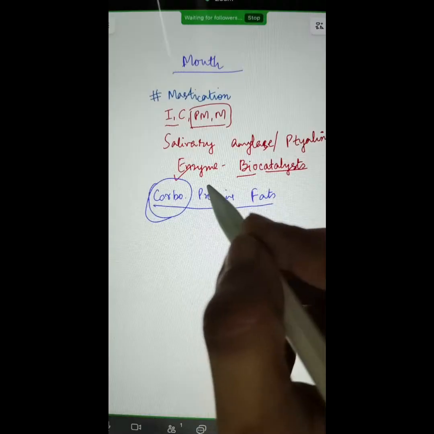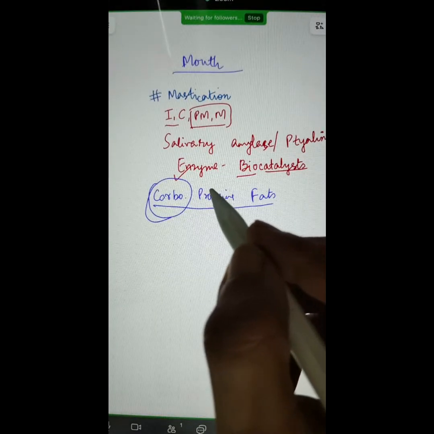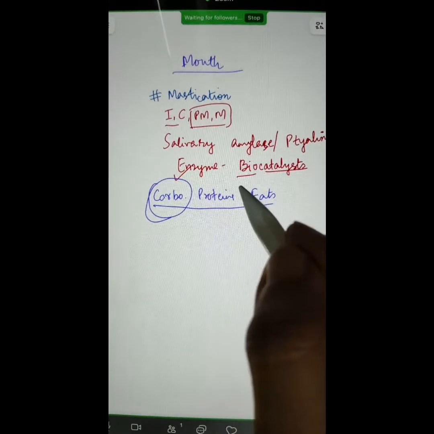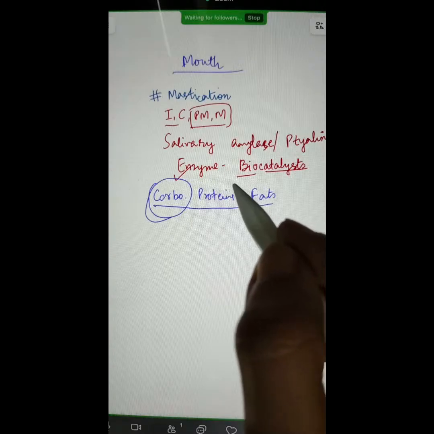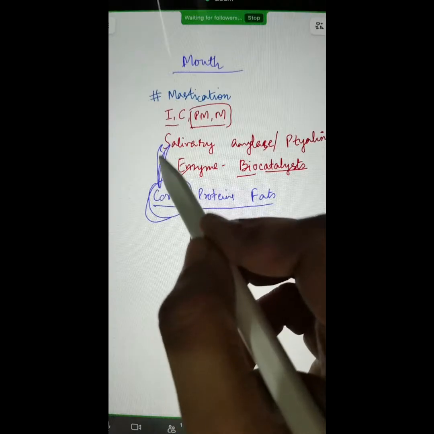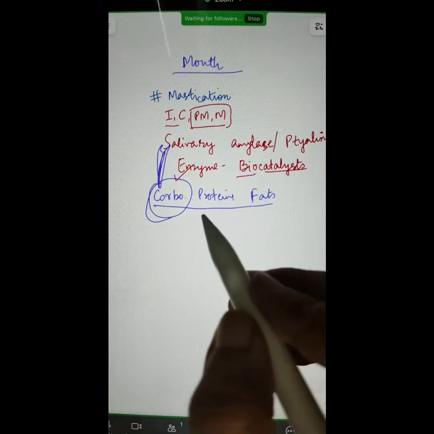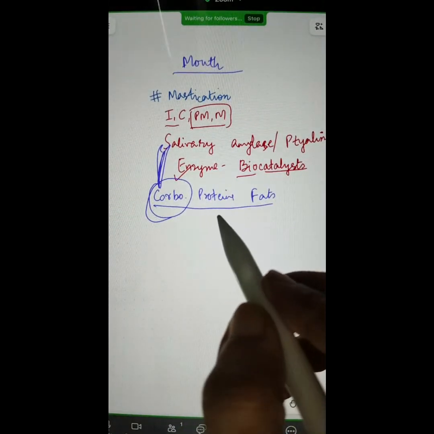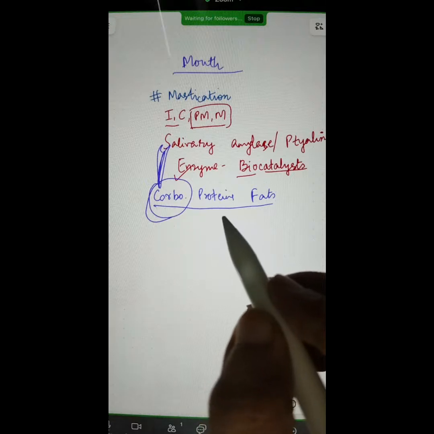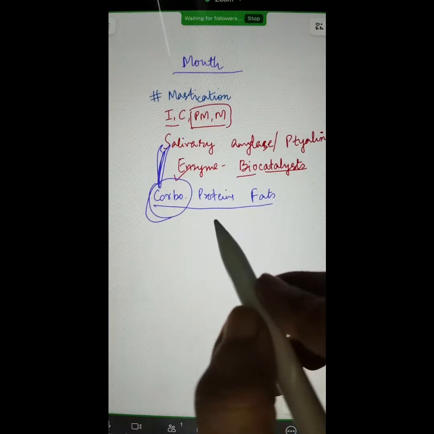The digestion of carbohydrates begins first. As you chew the food, your food is masticated, and once the food is masticated, it is mixed with salivary amylase. This is the first step, when the first enzyme acts in your mouth.